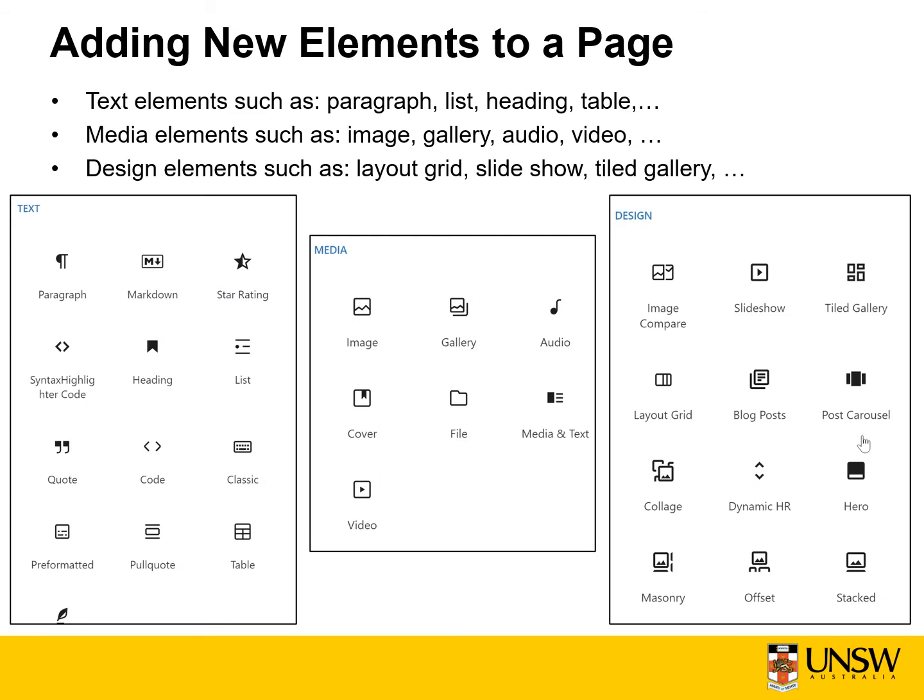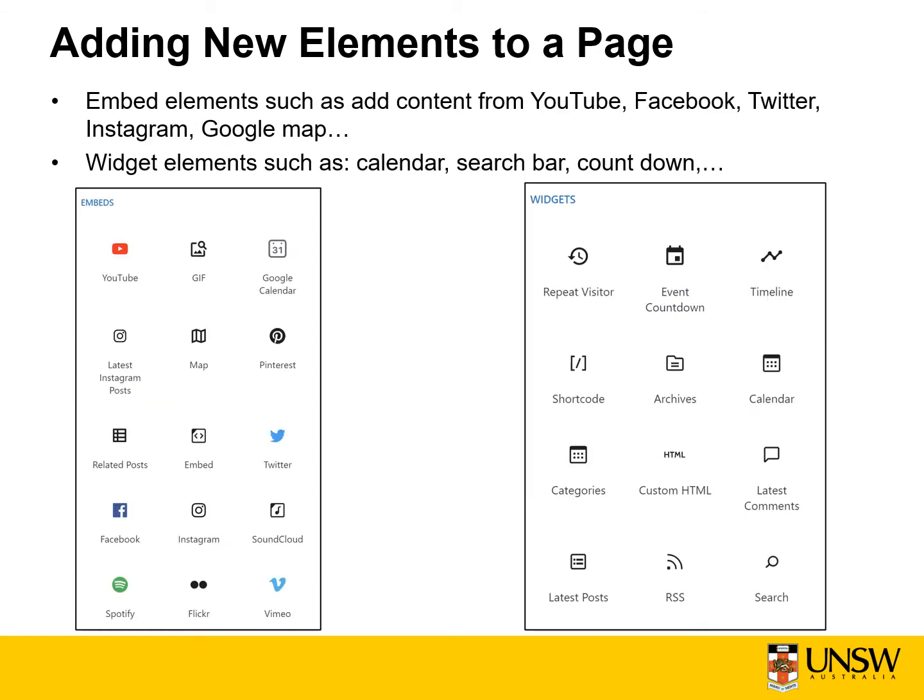We can categorize the elements into 5 categories including text elements such as paragraph, list, heading, and table, media elements such as image, gallery, audio, and video, design elements such as layout grid, slideshow, tiled gallery, and so on. Embed elements such as add content from YouTube, Facebook, Twitter, and Instagram.